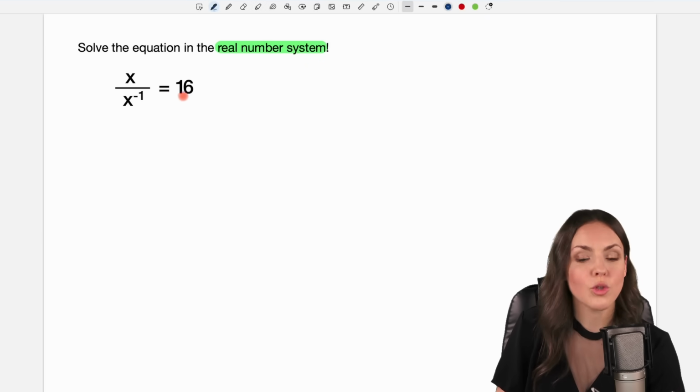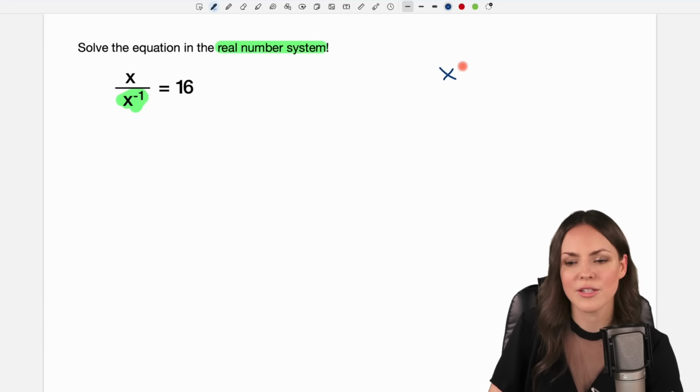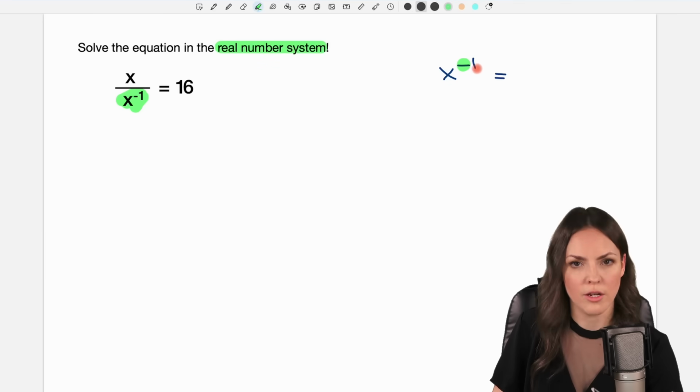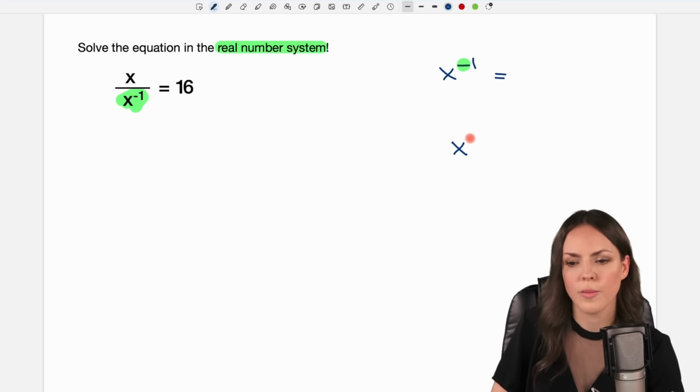The first way is to take a look at your denominator, so take the x to the power of -1 and write this in a different way. Because every time you have a negative exponent, so let's say you have x to the power of -a, then this is actually a fraction.